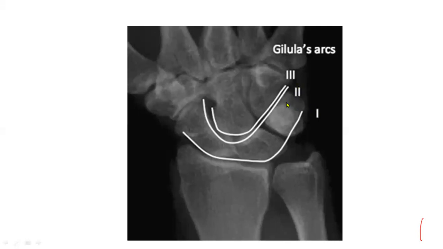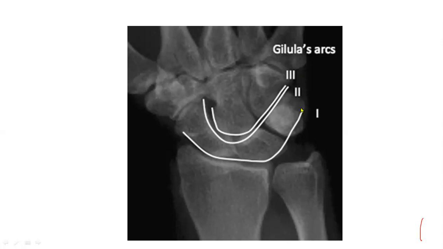The distal concave arcs of the same bones make Gilula line 2, while the proximal convex arcs of the hamate and the capitate make Gilula line 3.